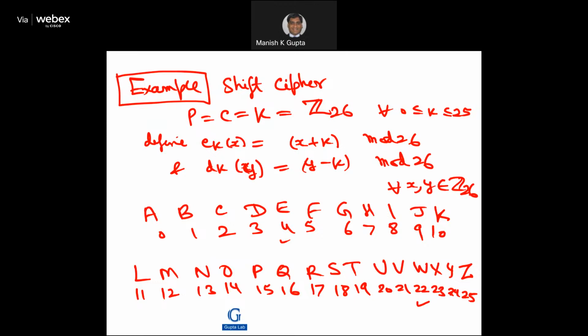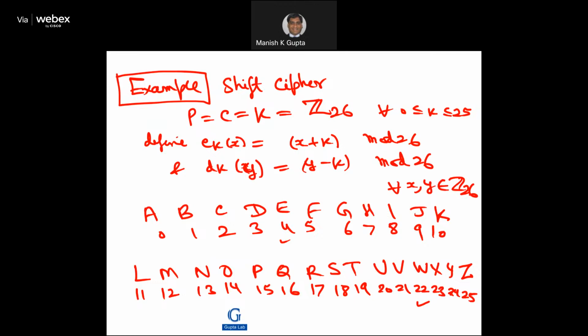We can have a key k, anything between 0 to 25. The encryption rule is EK of x is x plus k modulo 26. So we are just shifting by k. Because we are taking modulo, we are actually rotating. And DK of y is whatever you receive, y minus k, modulo 26, so you get the decrypted text.